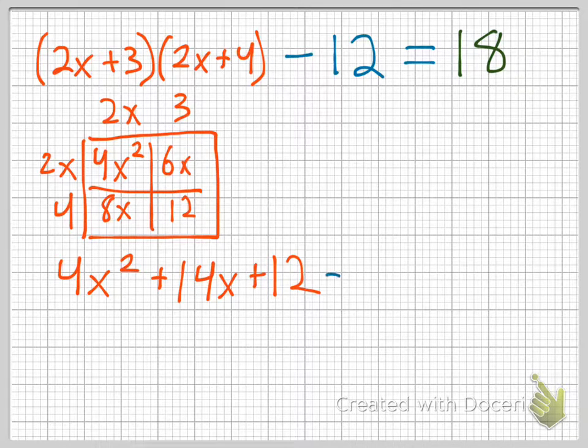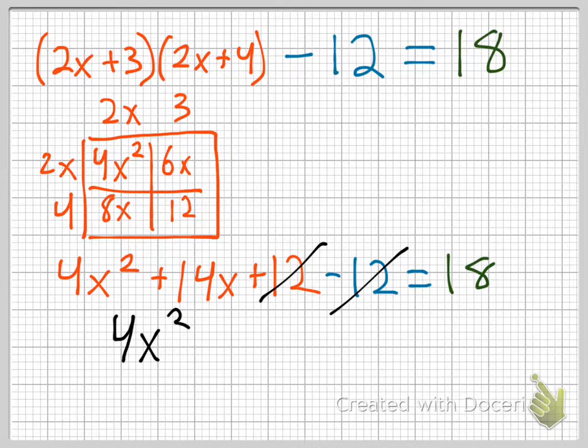The next thing is we have the 18 over there, which we will need to subtract from both sides. So we subtract out 12, and we get 4x squared plus 14x minus 18, because we subtract 18 from both sides, equals 0. You always want to set these equal to 0, that way you can factor it and solve for it.